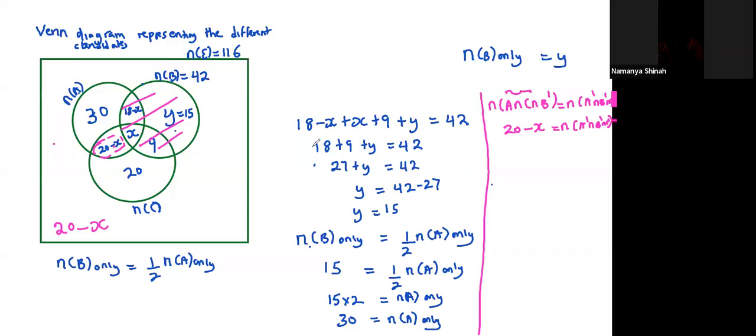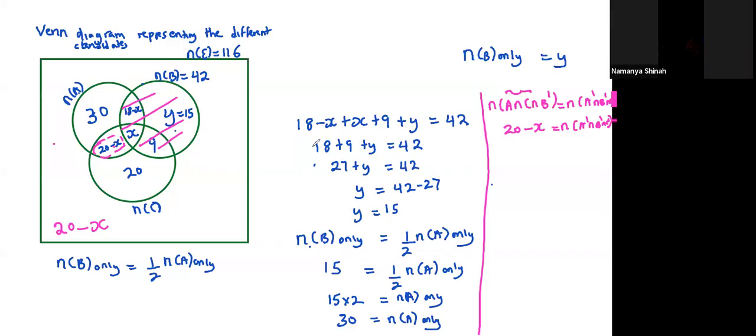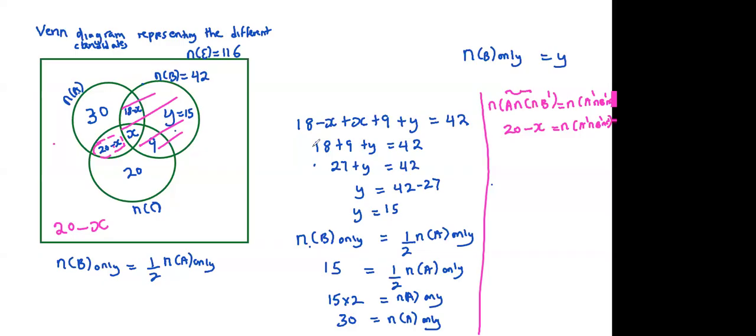No, what I was asking, it's here. Where did you get 20? The 20 minus x, we had it right from the question because they told us that the number of students who are going to pick A and C were 20.